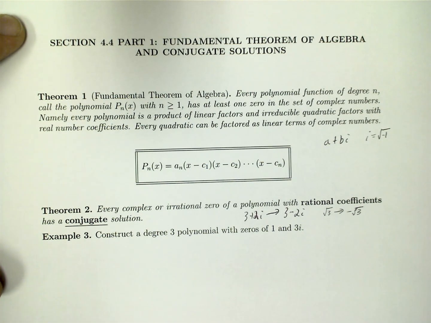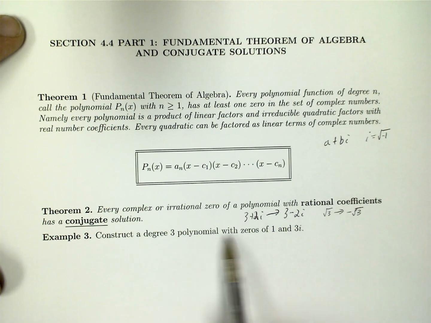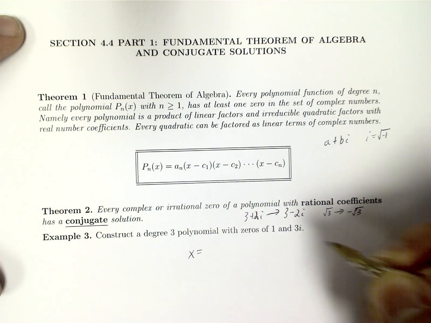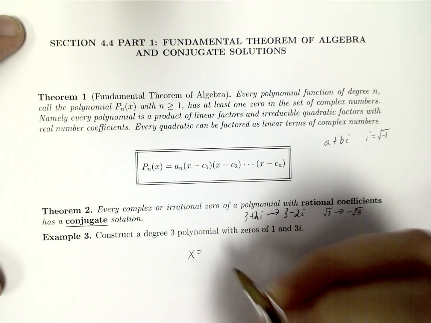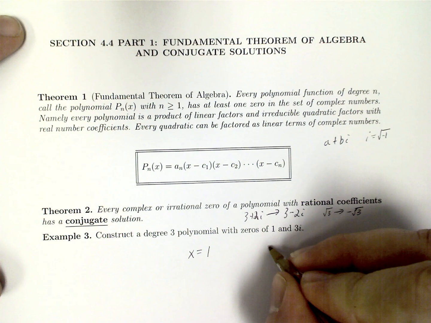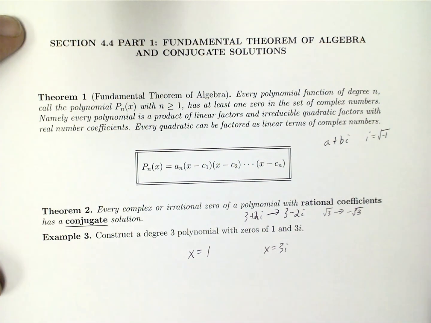Okay? So with that being said, let's try to construct a degree 3 polynomial with zeros of 1 and 3i. What do we mean by a zero? Remember that means we have solutions for when the whole polynomial equals 0, x equals 1 and x equals 3i.